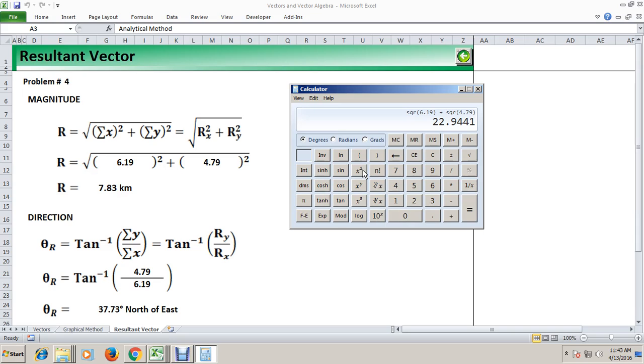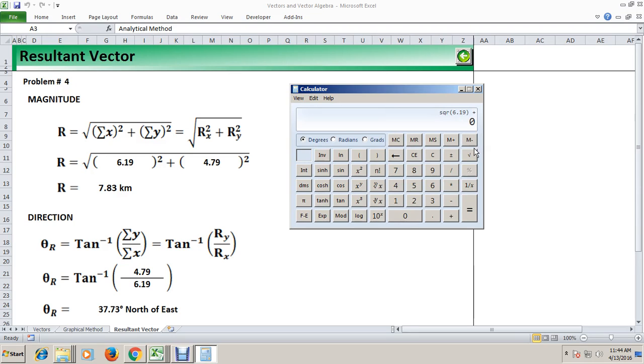6.19 plus square of 4.79. We should get the square root of this 22.9441. So square root of 22.9441. We should be able to get the um, okay. So let me repeat that.